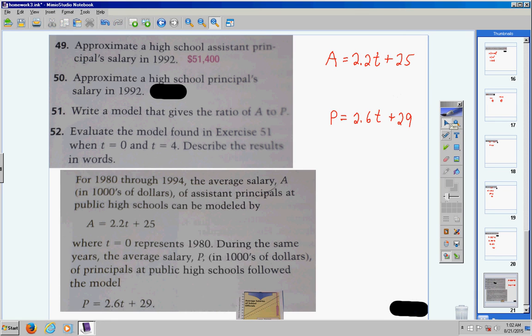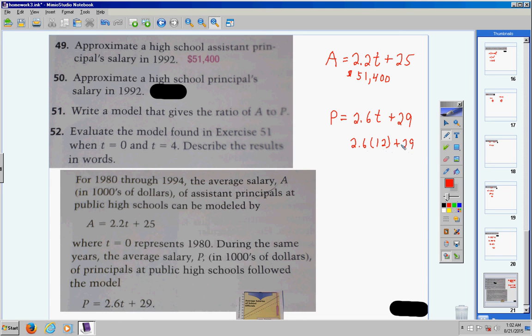Approximate a high school principal's salary in 1992. So first of all, the salary here is $51,400 in 1992. Now let's find the principal salary in 1992. Same thing. Where the T is, I'm going to substitute 12 for 1992.